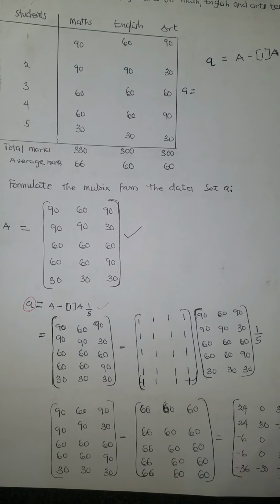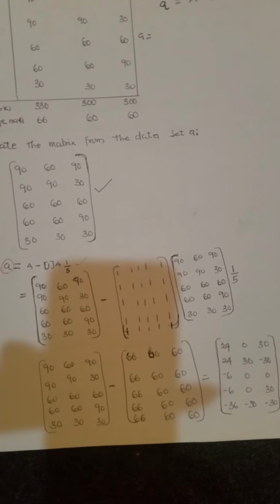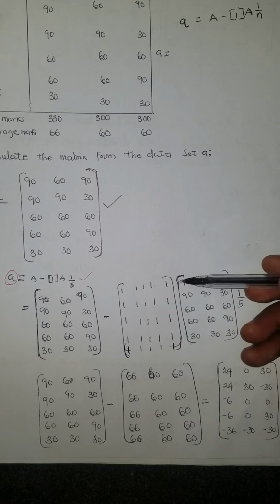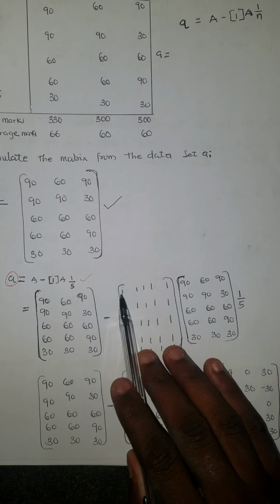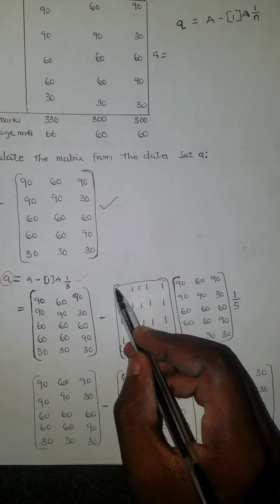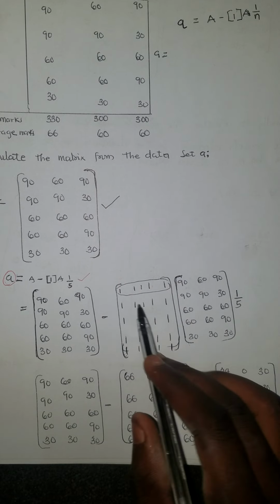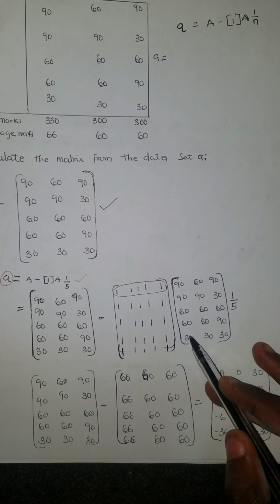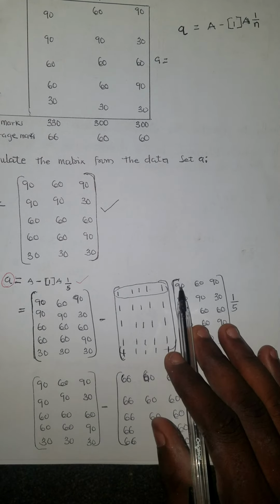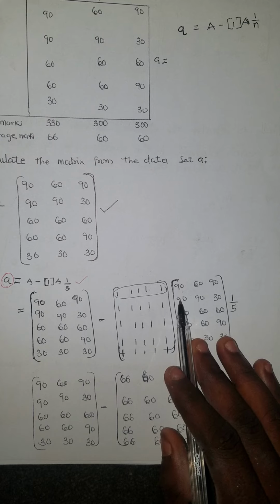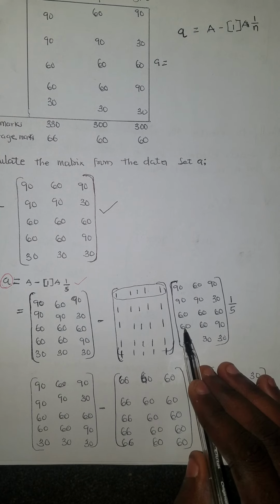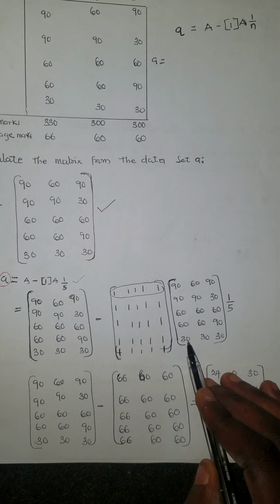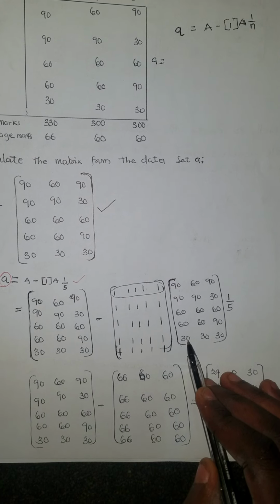So for example, if you pick the first row in matrix multiplication and multiply it by this, it will be 1 by this plus this plus this plus 60 plus 30. We are going to get 330.